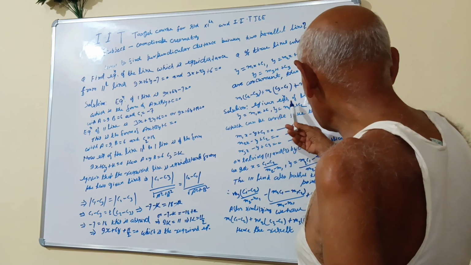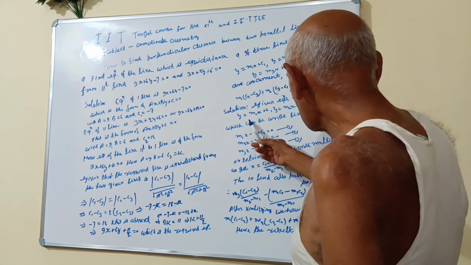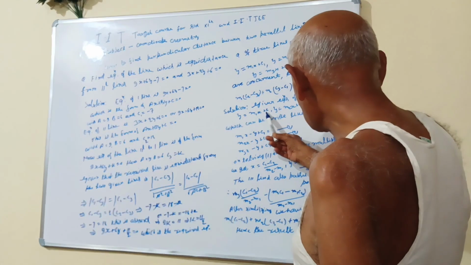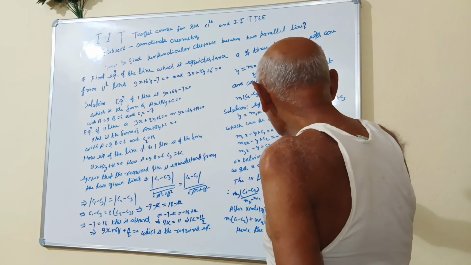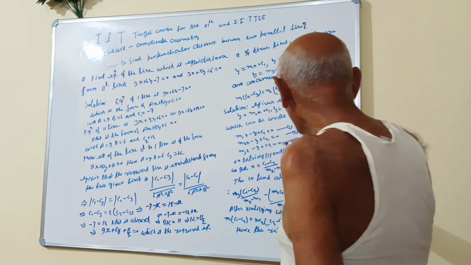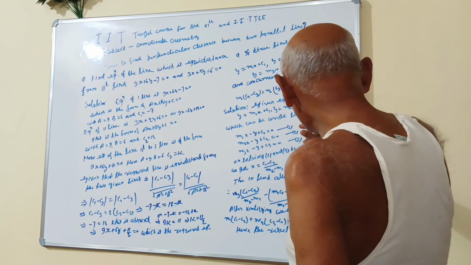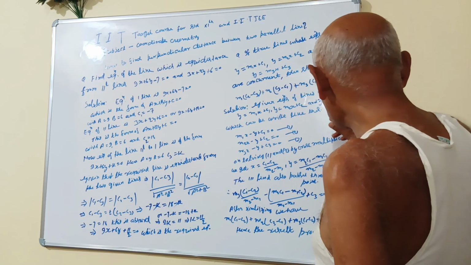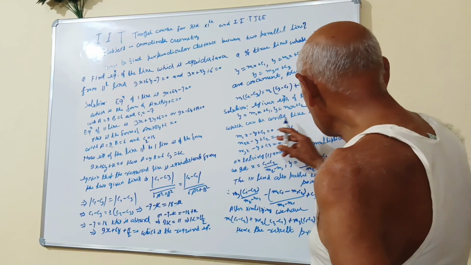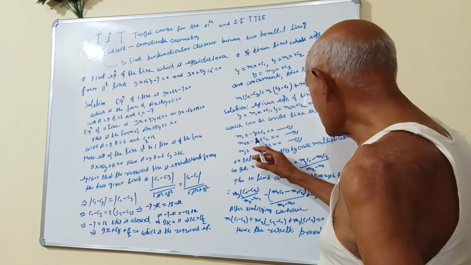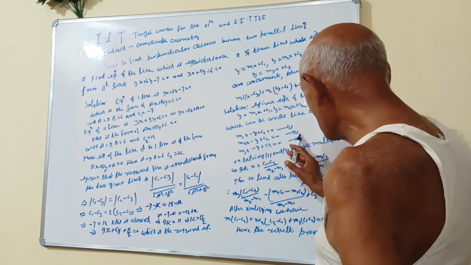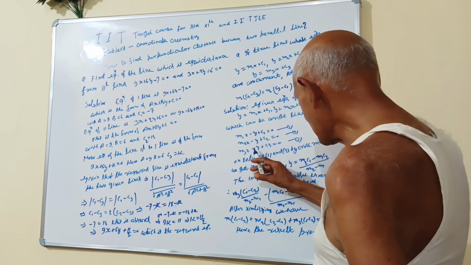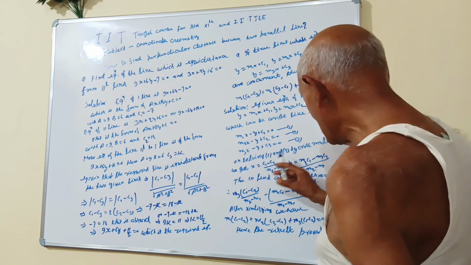Solution. The given equations of the lines are y equal to m1x plus c1, y equal to m2x plus c2, and y equal to m3x plus c3, which can be written like this: m1x minus y plus c1 equal to 0, m2x minus y plus c2 equal to 0, m3x minus y plus c3 equal to 0.